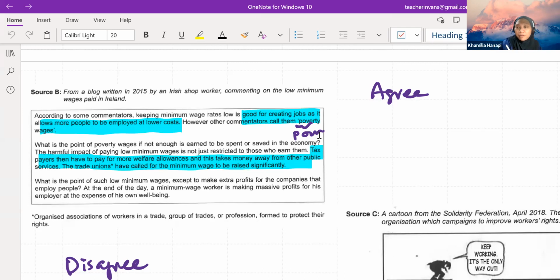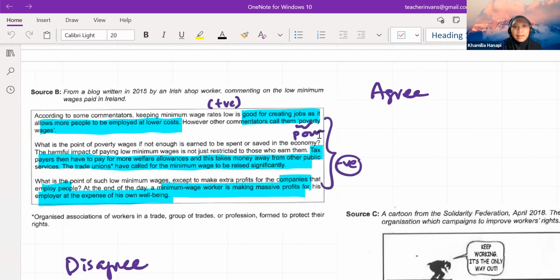What is the point of having low minimum wage except to make extra profit for companies that employ people? At the end of the day, a minimum wage worker is making massive profits for the employer at the expense of his own well-being. So the sense is negative, isn't it? Yes, it is positive here, but all this is actually negative.